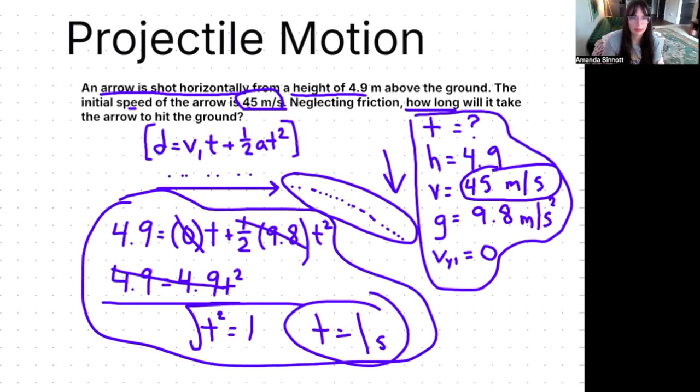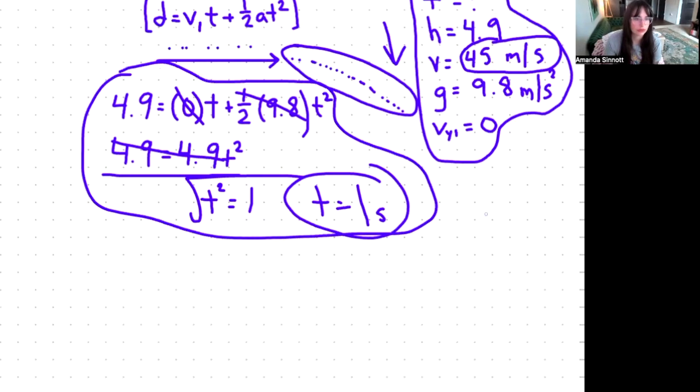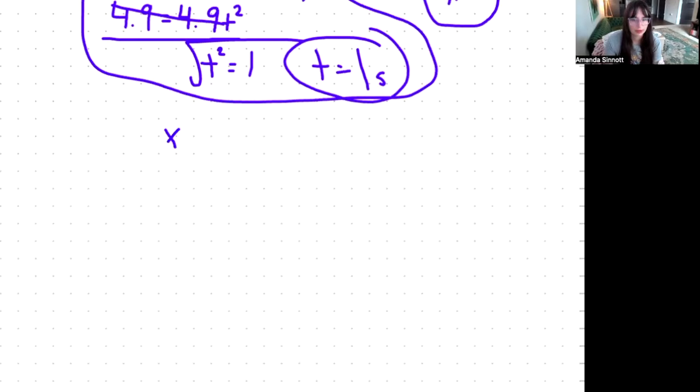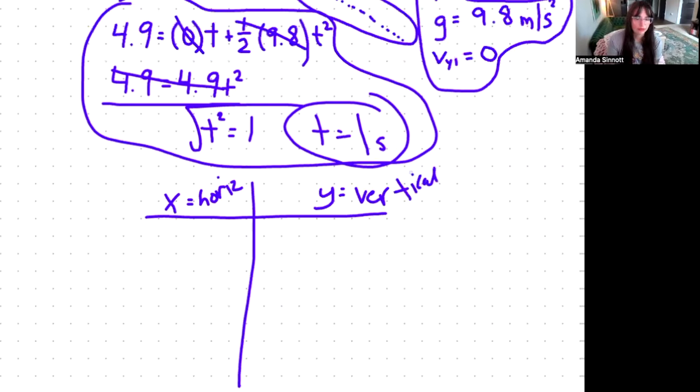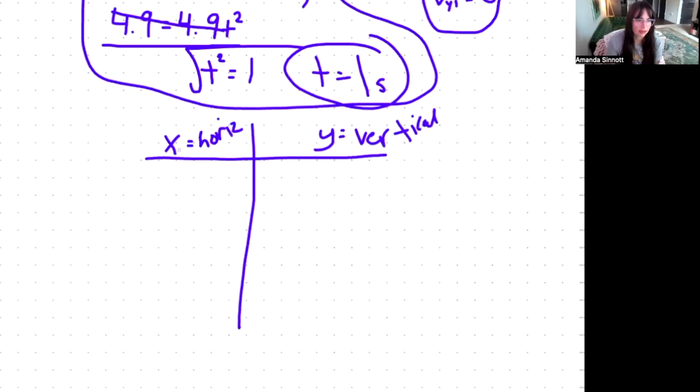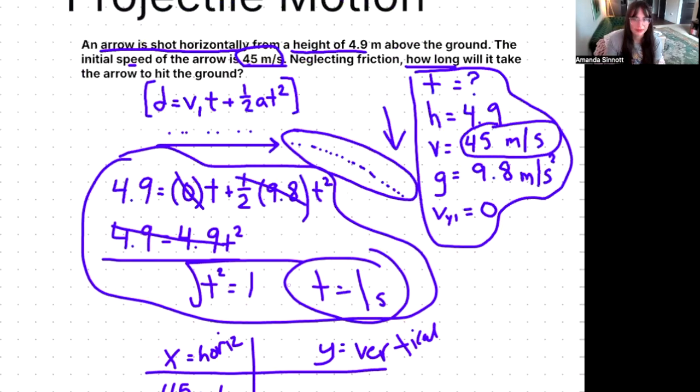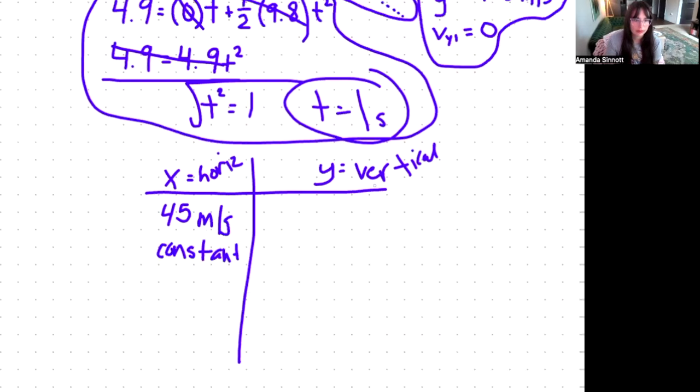Let's do a recap on what we need to do. We have X and Y, because X is our horizontal and Y is our vertical. Let's look at what information we have in each column. Our 45 meters per second is horizontal information, and that would be constant. In our Y column, it's 0 meters per second initially.